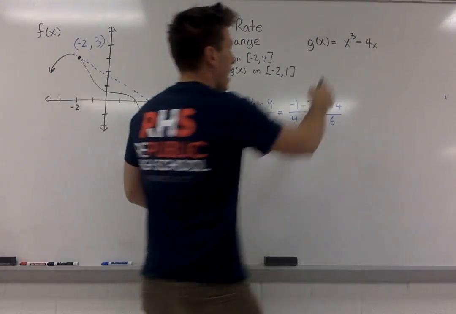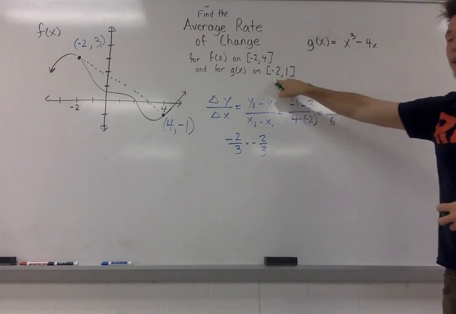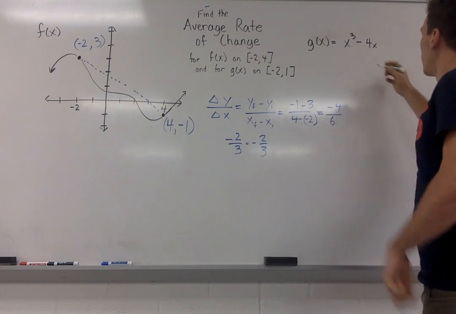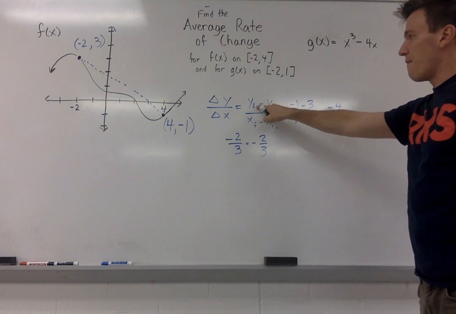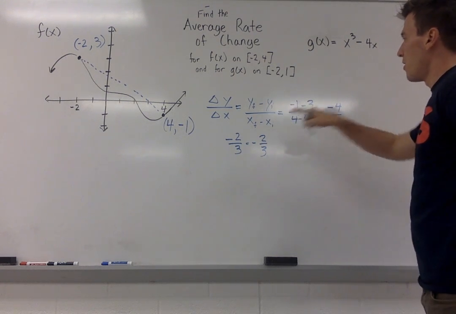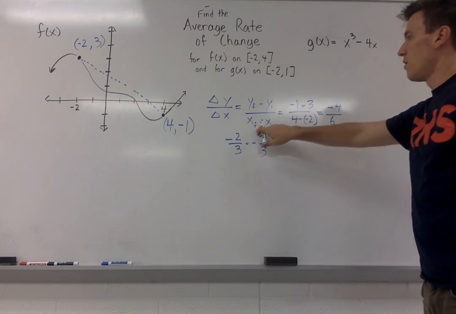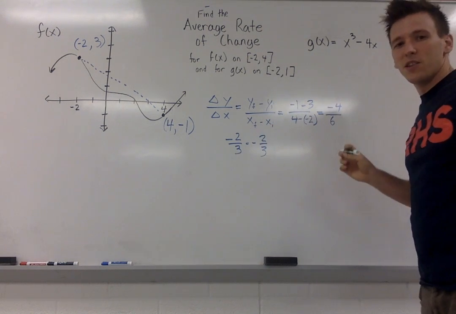Next up, algebraically, g of x. If I want to find out how g of x changes from -2 to 1, what I'm going to do is consider this same idea. I need my final output minus initial output over final input minus initial input.